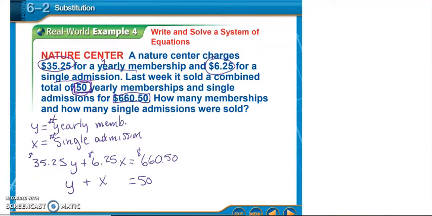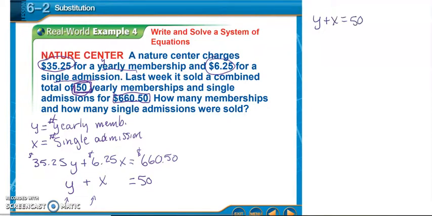All right, now from here we follow the same steps that we did before. We need to take one of these equations and make it either X equals or Y equals. I see a Y and an X in the second equation, so I'm going to take the second equation and write Y plus X equals 50.